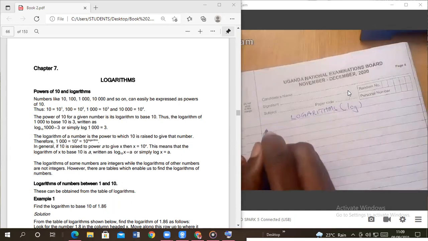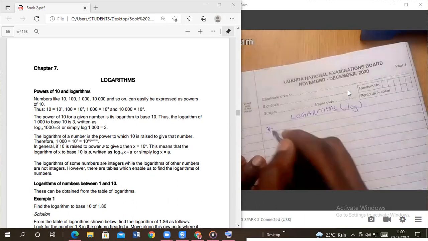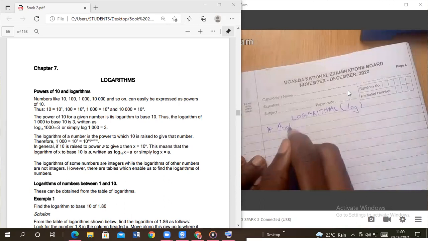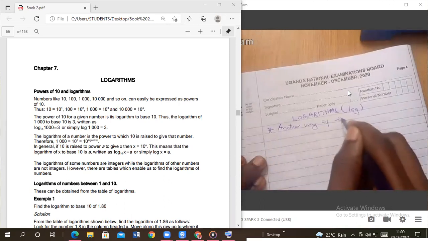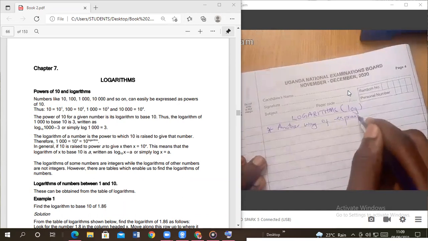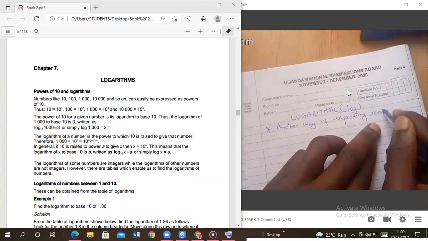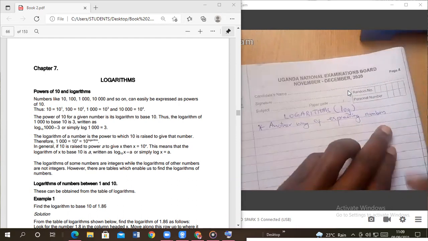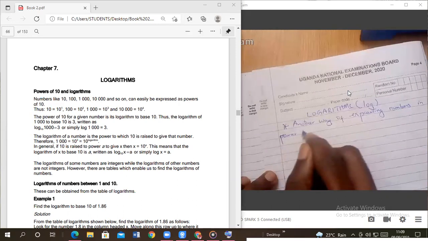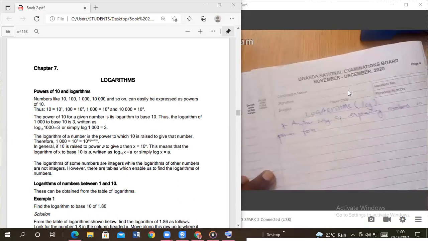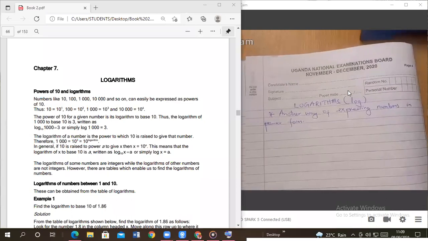Logarithm is another way of expressing numbers in power form.